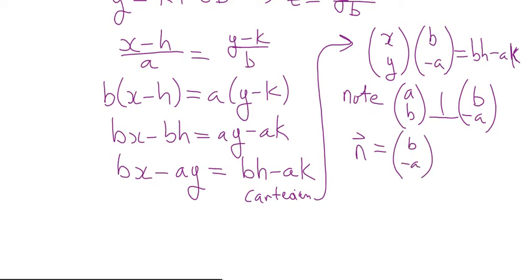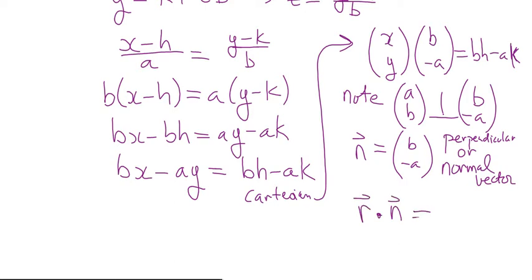It's called the perpendicular or normal vector. Giving you r dot n equals d, right?